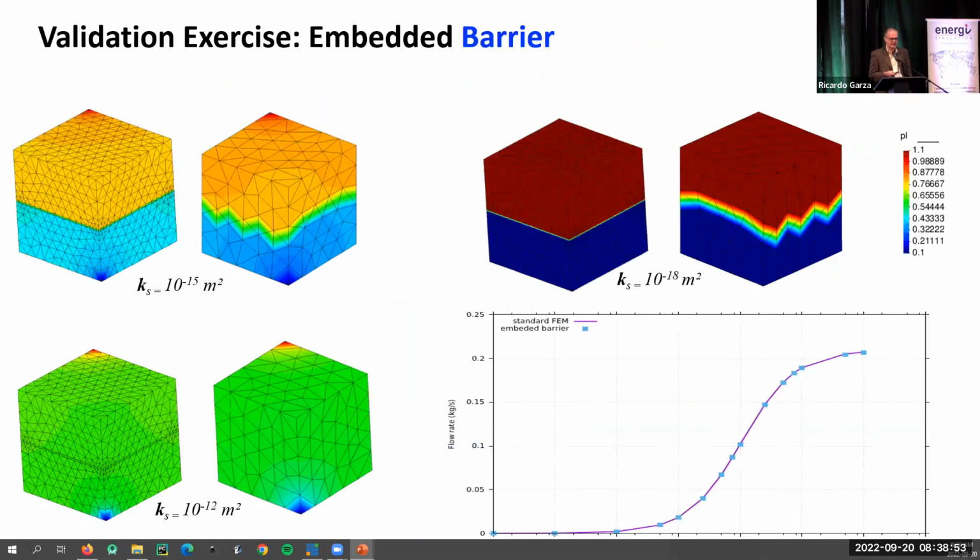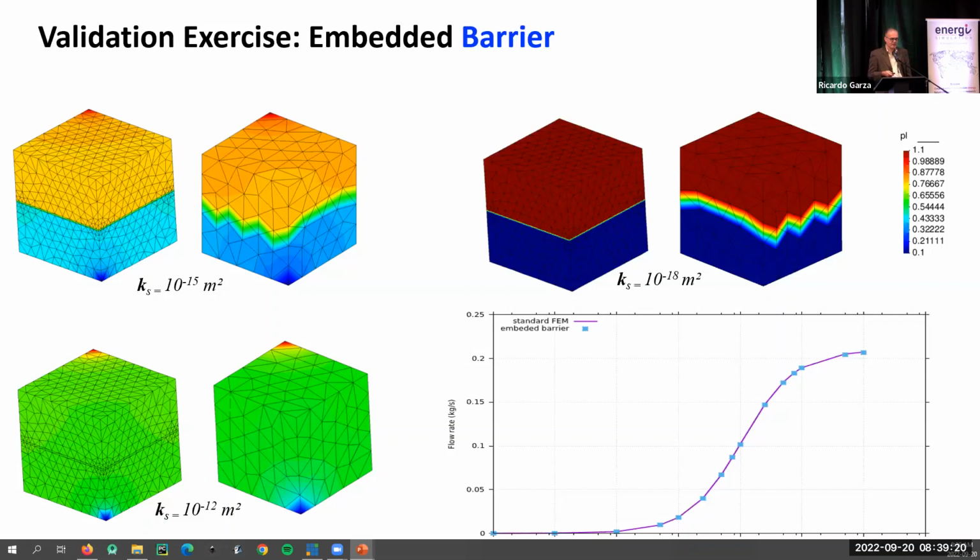We validated this with many numerical examples. This is one of the examples that we used for validation. We embed a barrier in a domain between two points where we apply a pressure gradient, and you can see here this curve is the evolution of the flow with the permeability of the barrier.